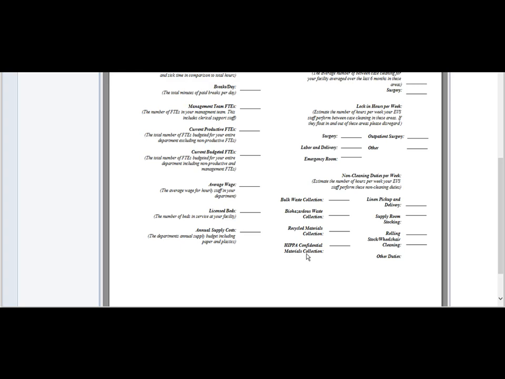So basically your moves, your room setups, any special functions, things like that your department has to take care of, you want to capture those hours so that they can be reported on your staffing analysis.